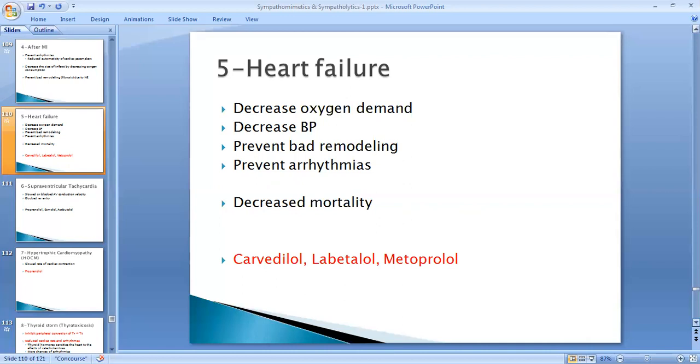But in chronic heart failure, we use carvedilol, labetalol, and these can be used because they increase the life expectancy of the patient.